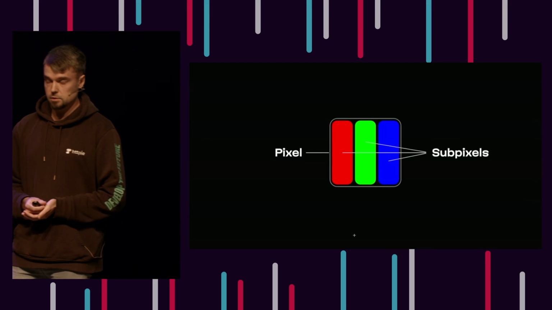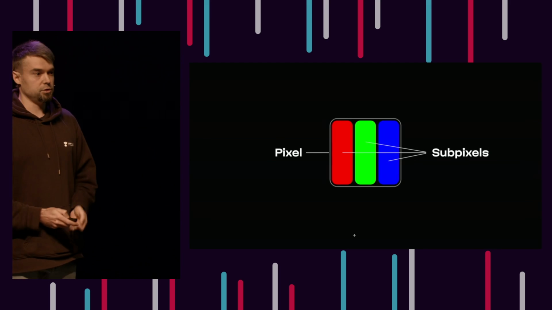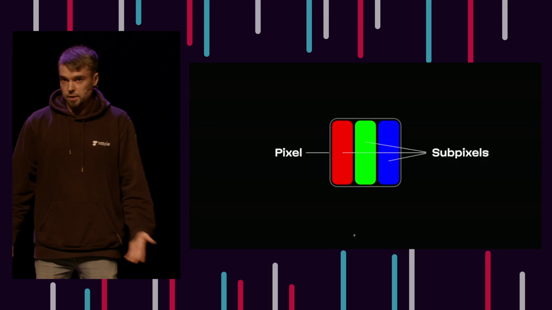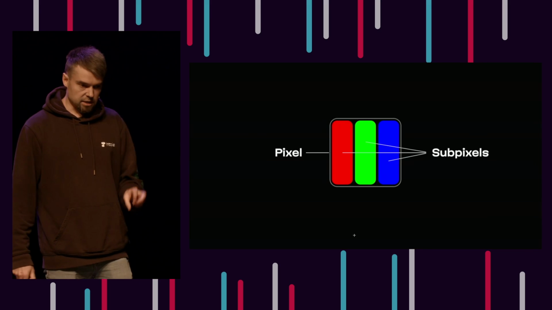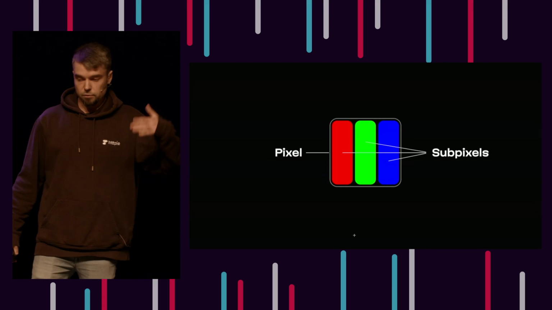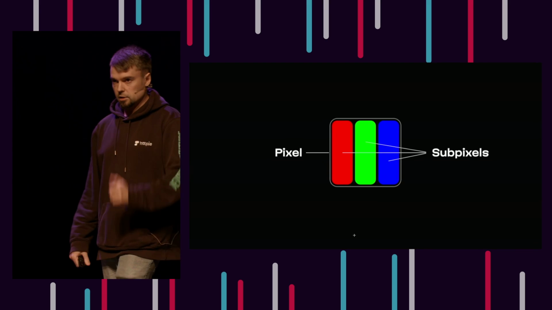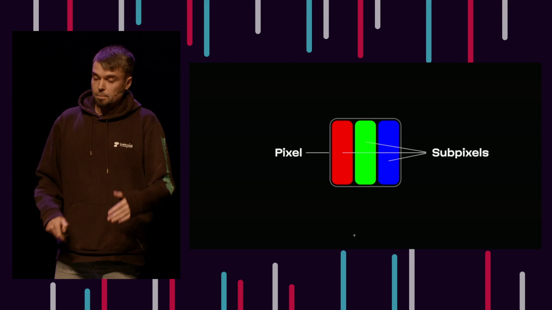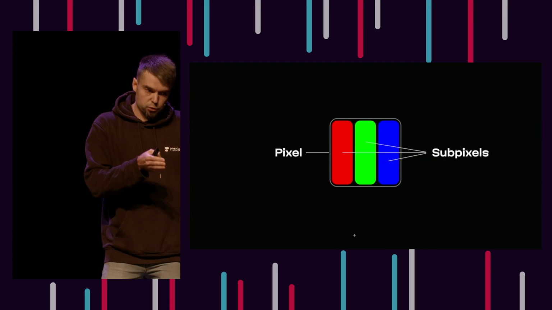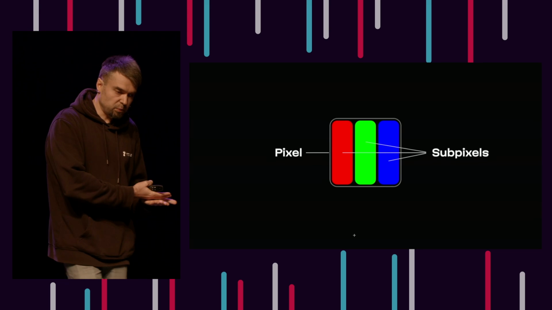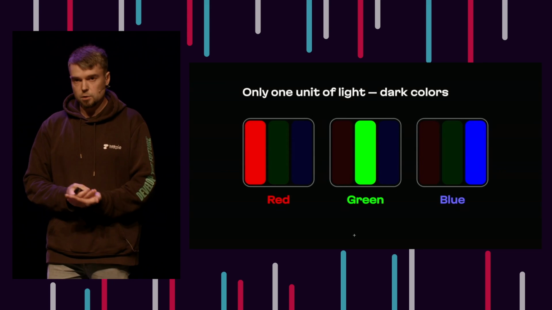What can explain this? The display technology. You know that each pixel on our displays consists of 3 subpixels, lamps, of red, green, and blue color.